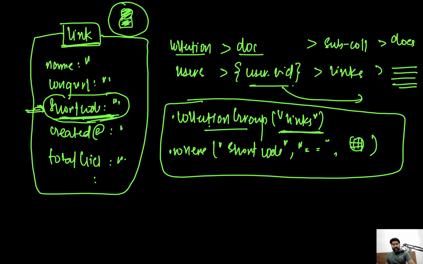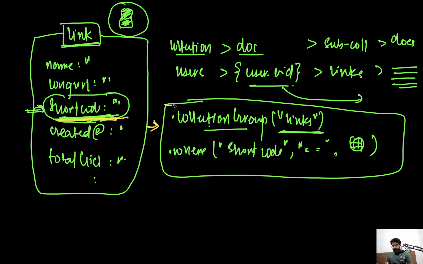But the thing with Firestore is that there is no way, or rather, we will obviously be using security rules, as I said earlier, but inside the security rules we cannot run a query like this.